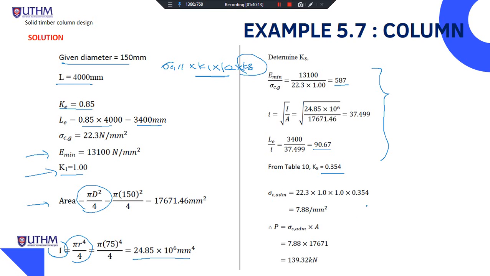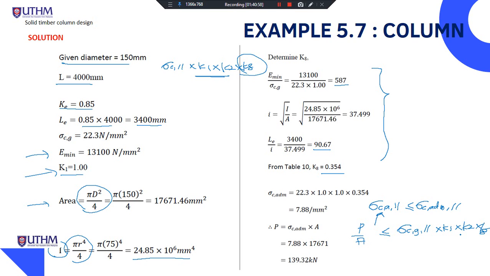Finally, from this checking, our actual compression stress must be less than or equal to the permissible compressive stress, where this value is P over A, equal to the wet stress from Table 1 multiplied with K1, K2 and also K8.